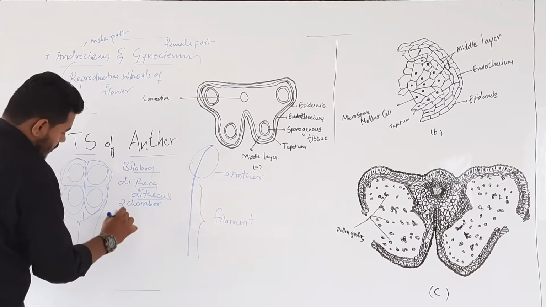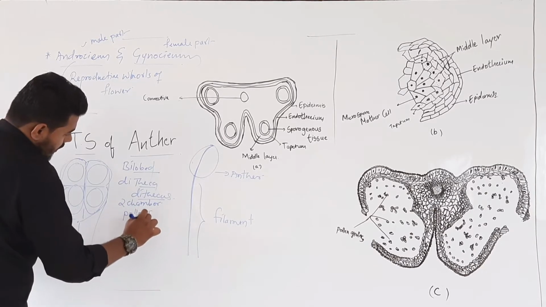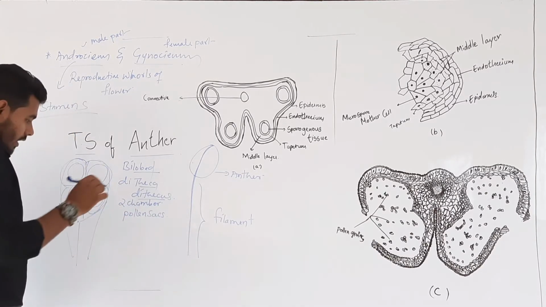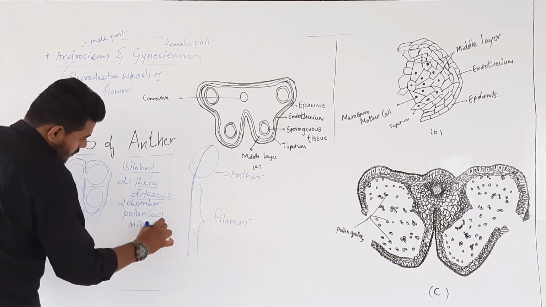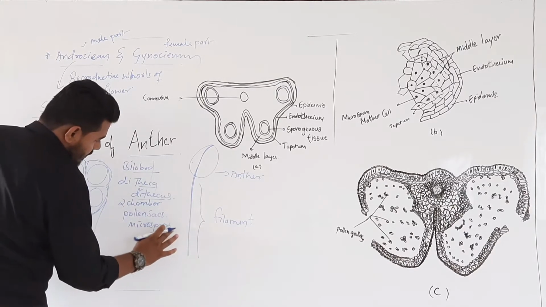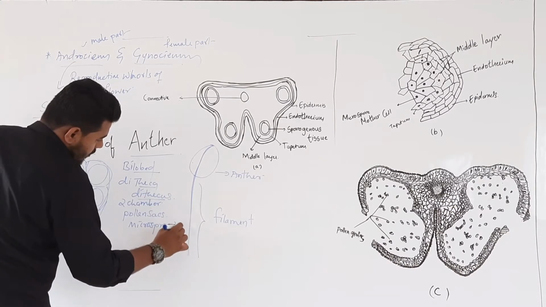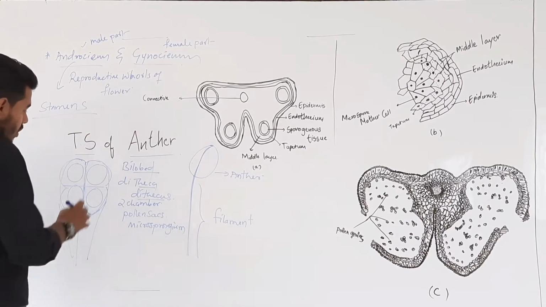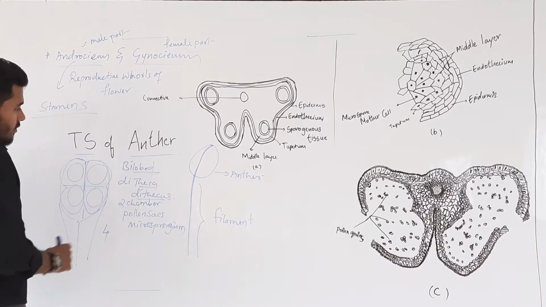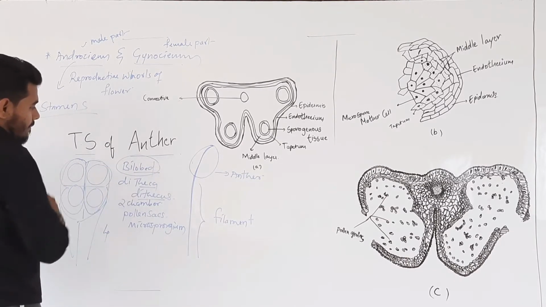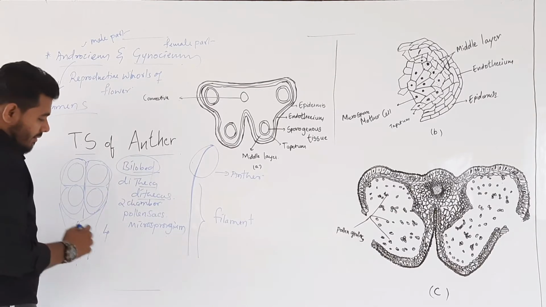In a particular lobe or theca you will observe two chambers. Those chambers are called pollen sacs. Also they are called microsporangium. So how many microsporangia are there? There are 4 microsporangia present in a bilobed anther, remember.